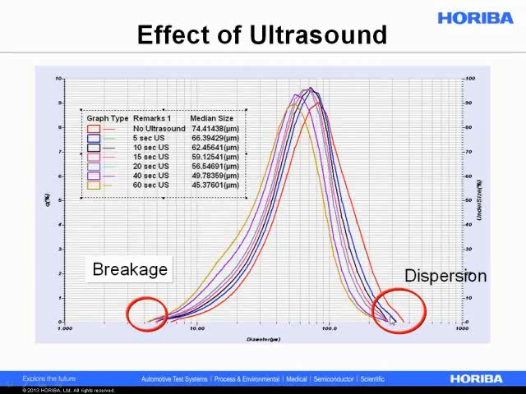I look over here at the large particle size, and as I start adding ultrasound, I see the largest particles start disappearing. Okay, that's probably dispersion. But then I look at the tail of fines, and if all of a sudden, after 40 seconds of ultrasound, I start seeing new particles appearing that weren't there before, I get concerned that's breakage.